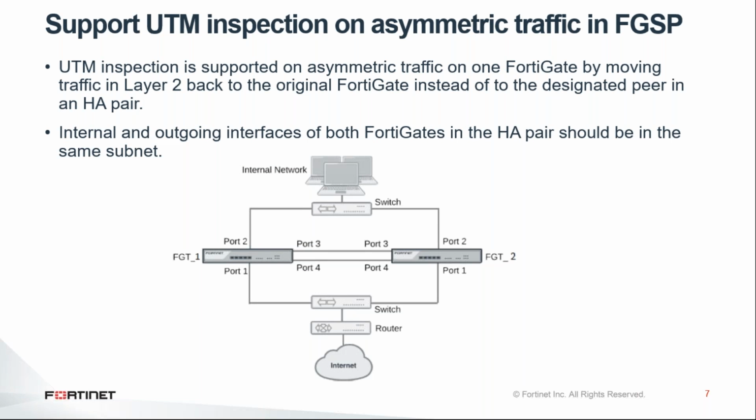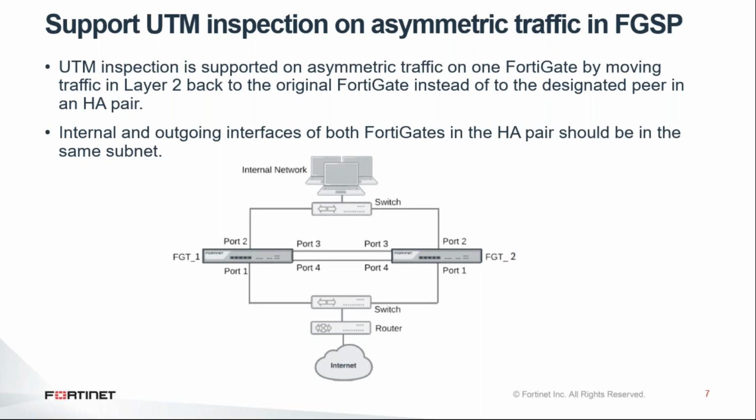Another one is about asymmetric designs. On the slide here, you have a FortiGate on the left, FortiGate 1, and a FortiGate on the right, FortiGate 2. It's not really a cluster like we know, where we manage a cluster like one device and the high availability is done by itself.